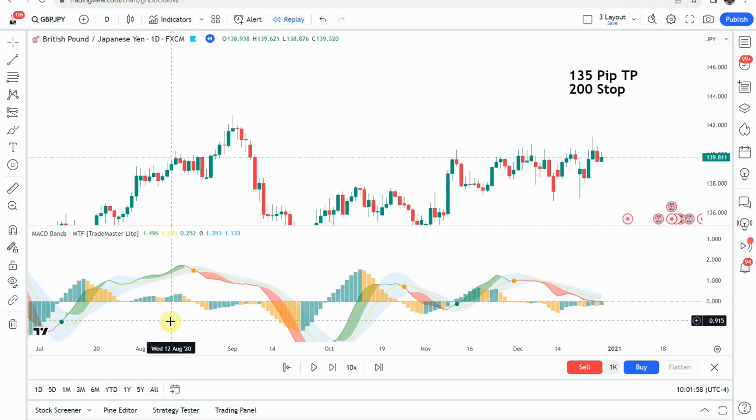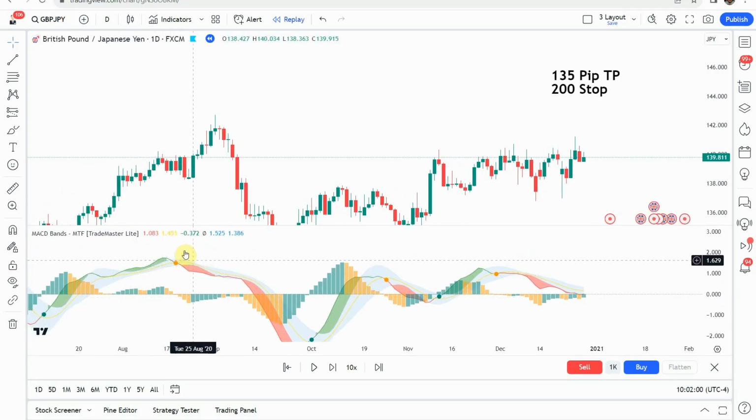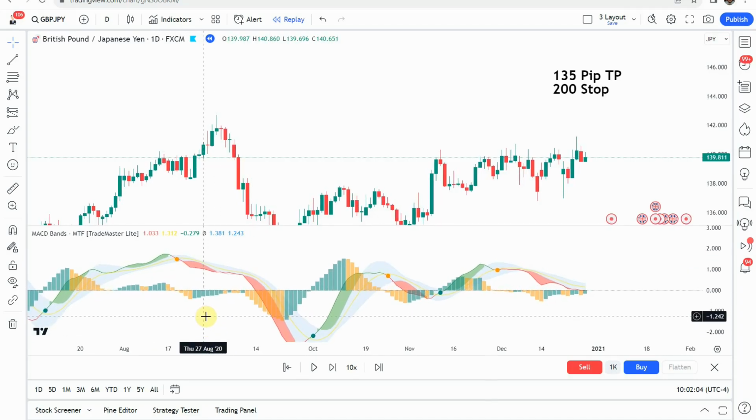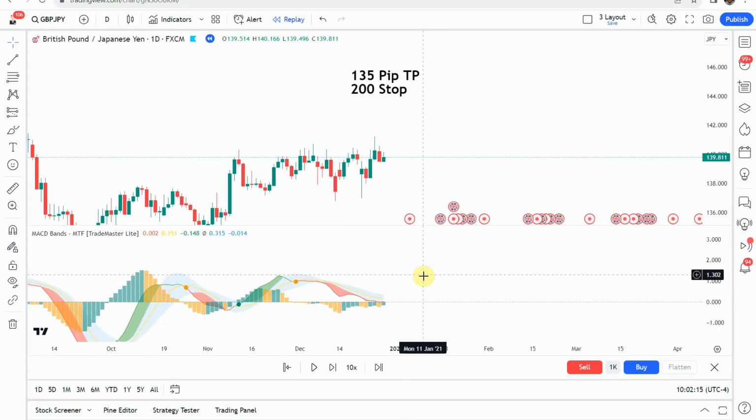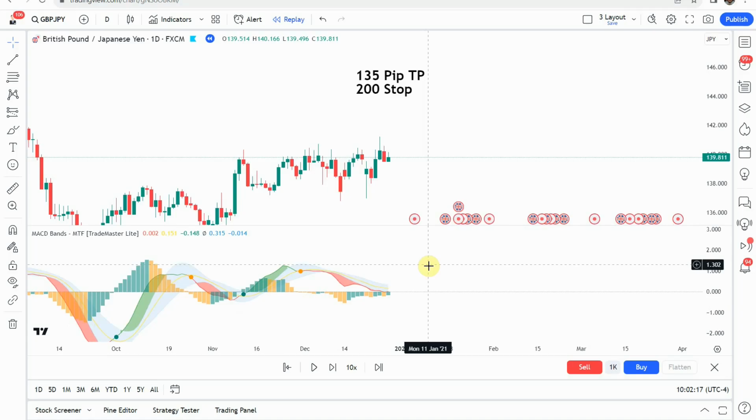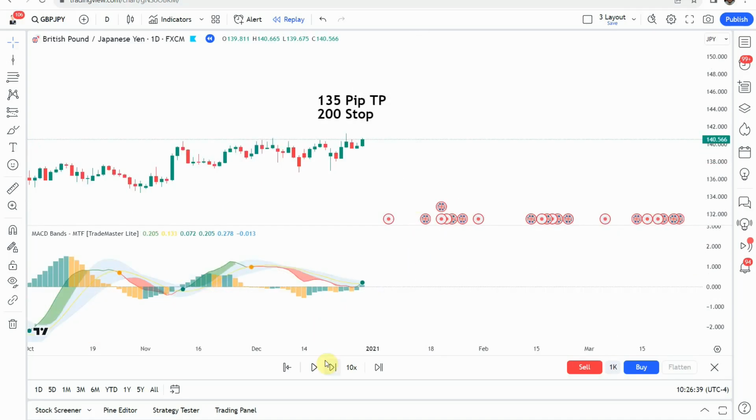On the reverse side, when the moving averages are above the 0 line, we are only looking for shorts, and that's going to be signaled by an orange dot and an orange bar on the histogram. So that's what we're looking for. Let's go ahead and get on with the testing and see what we can get out of it.